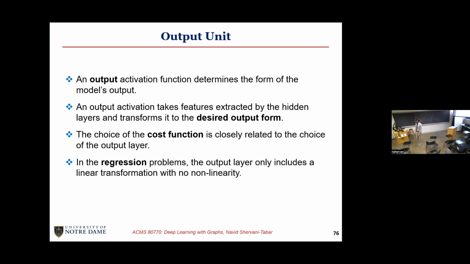So if you want real values as output, you just don't have any nonlinearities at the final layer. Sometimes you want to have some restrictions. For instance, let's say that you want to compute a variance and you want it to be positive.